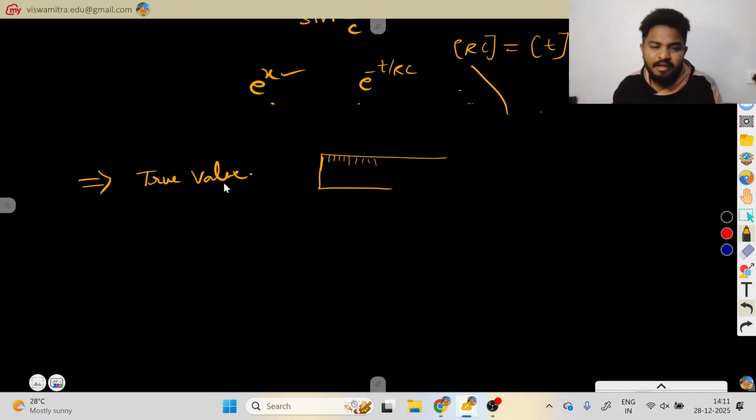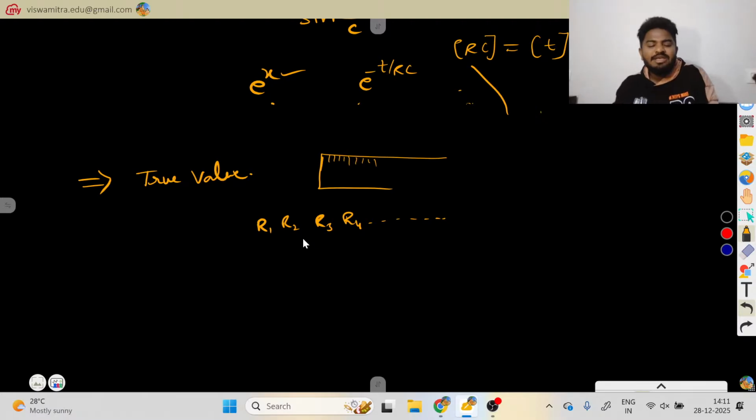The first time you got some value like R1, the second time you got R2, the third time R3, and so on. You have measured n times. Here, the true value is considered as the average of all these values. If you take the average of all those values, then it's considered as the true value.